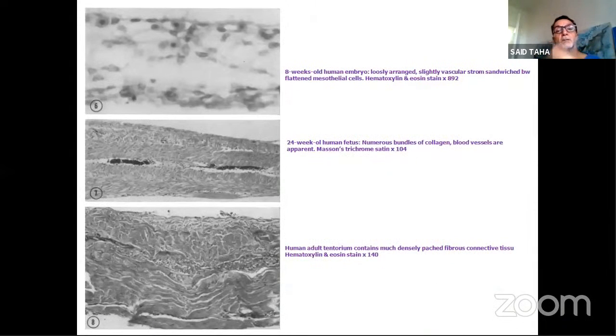Here is the histological slide of an 8-week human embryo with loosely arranged stroma with flattened mesothelial cells and rare vascular structures. In the 20-week human fetus, there are numerous bundles of collagen and blood vessels, and in the human tentorium, it's densely fibrous dura.